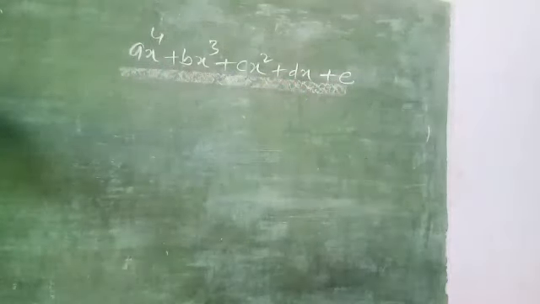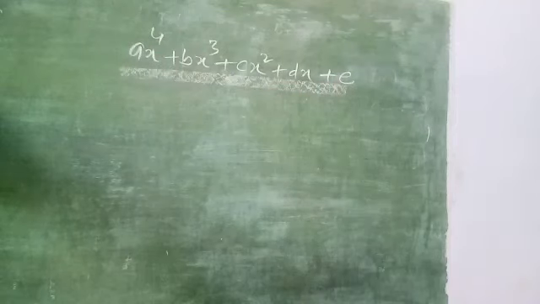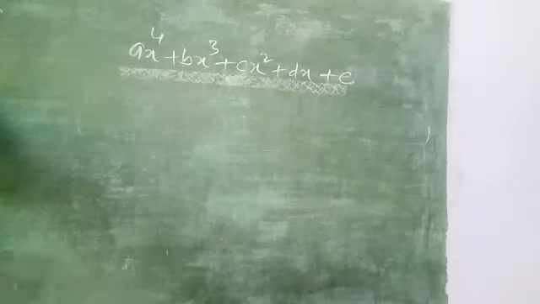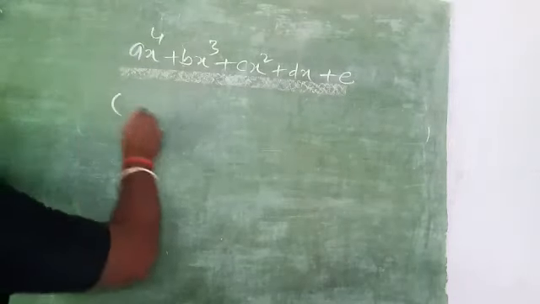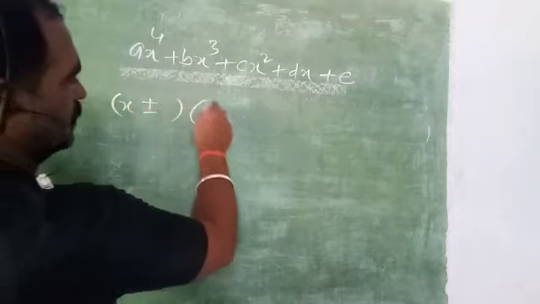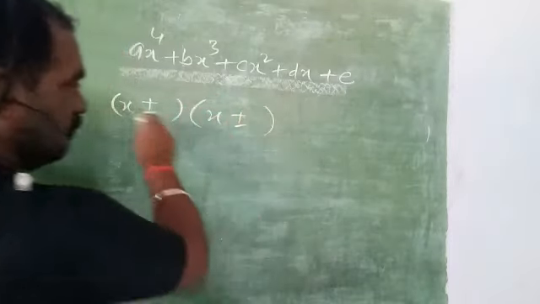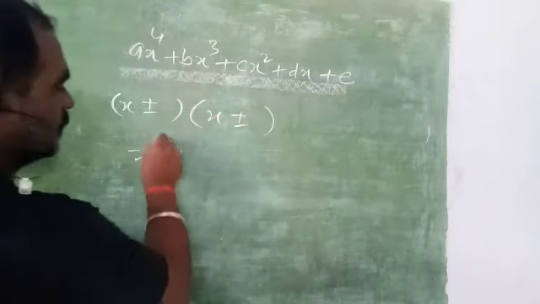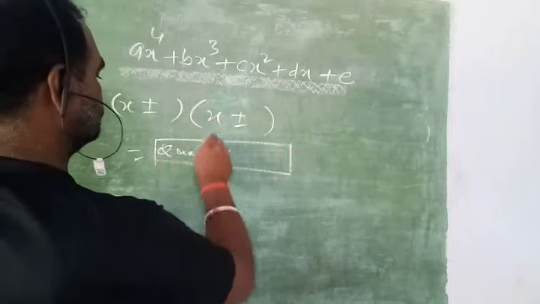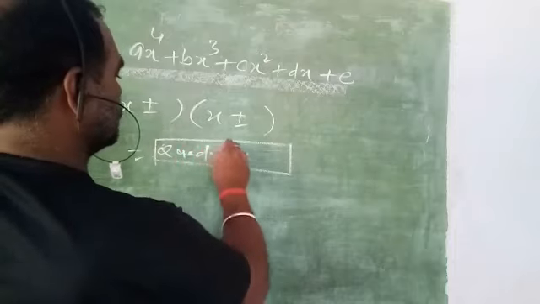In a biquadratic polynomial, most of the time you will be given two zeros and we have to find the next two zeros. When two zeros are given, find out their factors, multiply them. This will give you a quadratic polynomial.